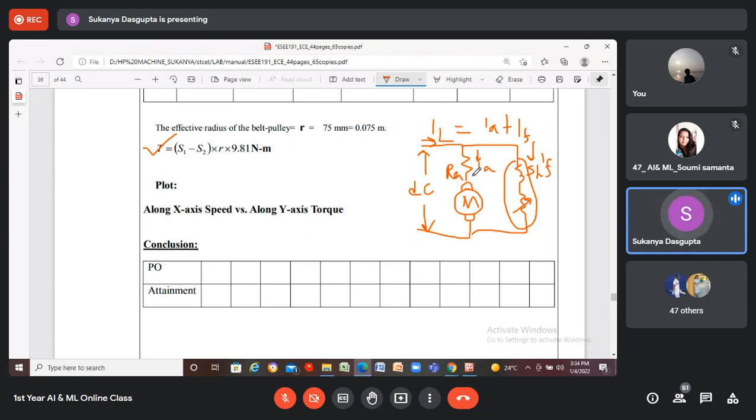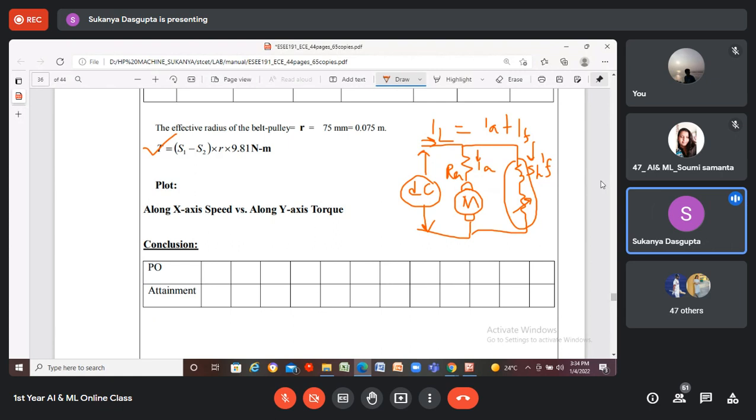Since both the armature winding and field winding are excited from the common DC voltage source, this type of separately excited motor is exactly similar to a DC shunt motor, right? Because as per the definition of a separately excited DC motor, the field winding must be excited by a separate DC source.